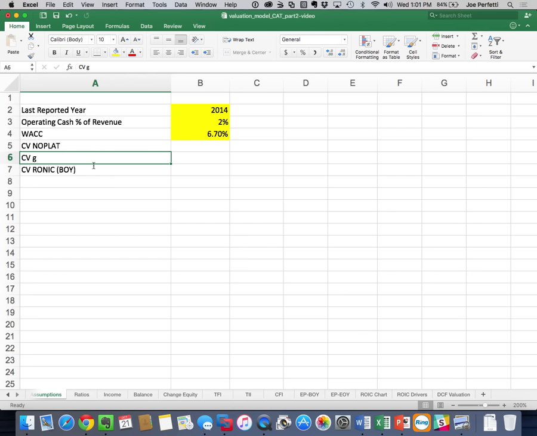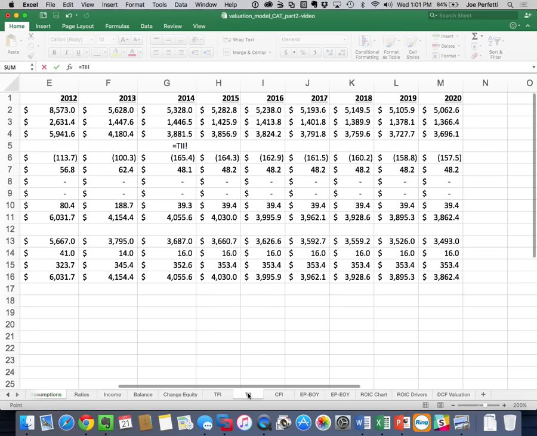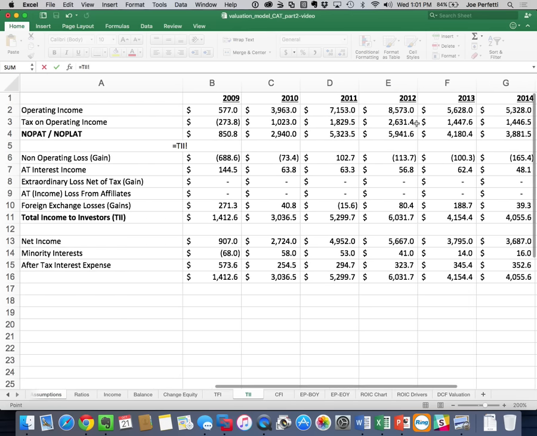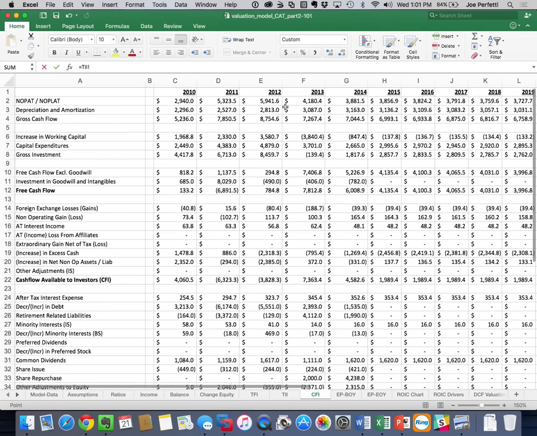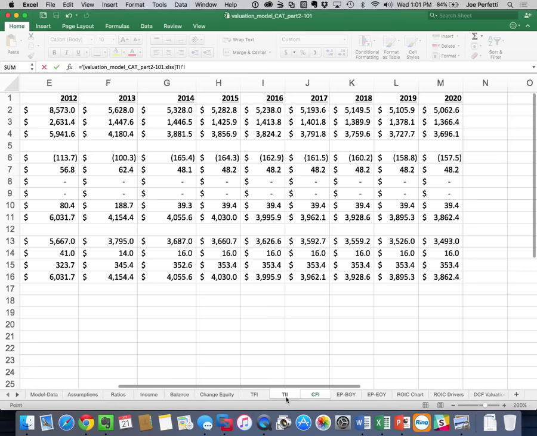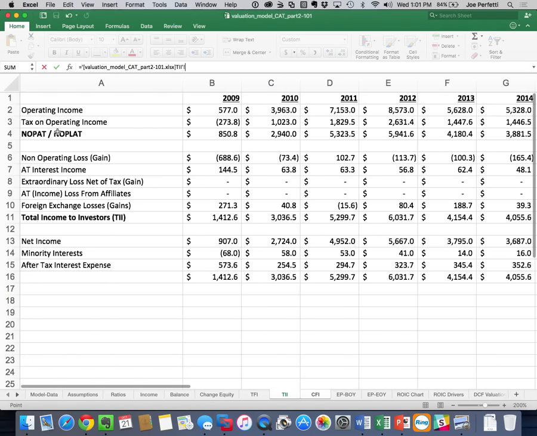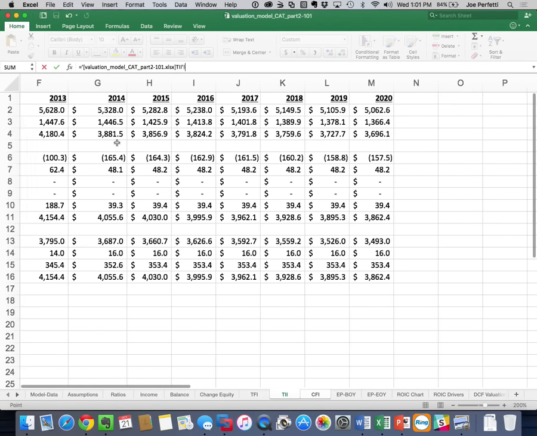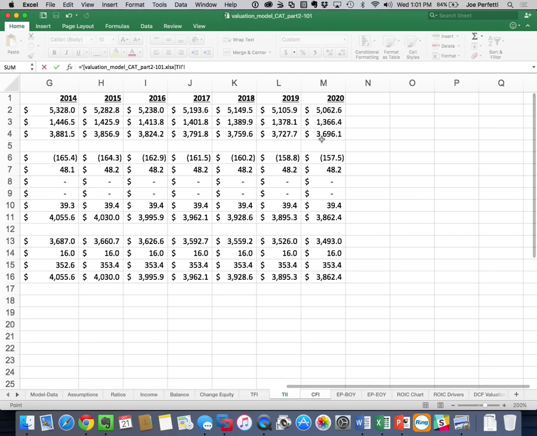Okay? So I'll just highlight that that's the BOY ROIC as opposed to the EOY ROIC, because 2 tabs exist in the model. All right, so my continuing value NOPLAT equals, off the TII, the 2020 NOPLAT, which is row 4, M4 off the TII.